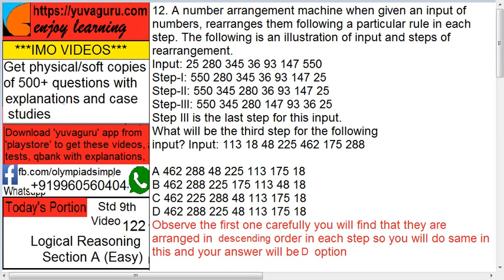Sorry, 36 over here. So you exchange those places. So here it will be 288, 462 first step, then 288 second step, then 225 third step. Now the answer becomes D. It's not B, because up to step number 3 we will come up to 225 only. We won't go beyond that.